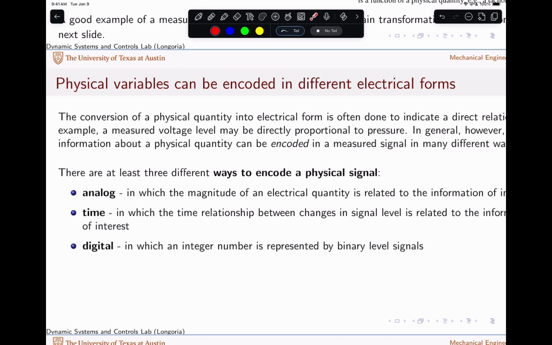And I just want you to be mindful of the fact that you might have sensors where the data you need to collect is going to be encoded either in analog form, so it's varying over time and changes in amplitude, or the quantity you're interested in might actually have a time domain character.